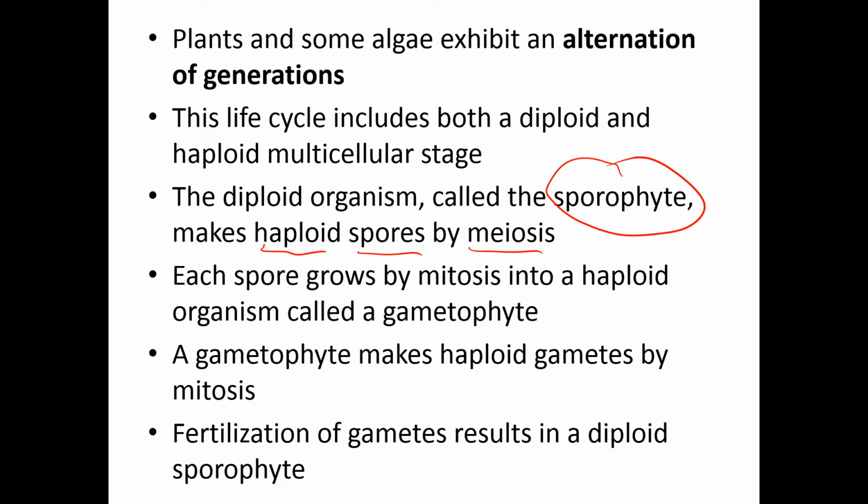Each spore will then divide through mitosis into a haploid organism called a gametophyte. And then the gametophyte makes haploid gametes by mitosis. Fusion of these haploid gametes through fertilization gives you your diploid sporophyte.